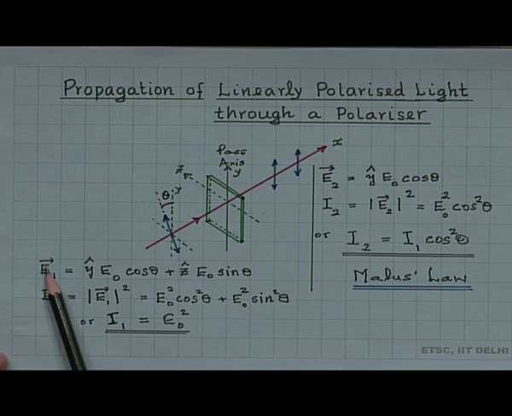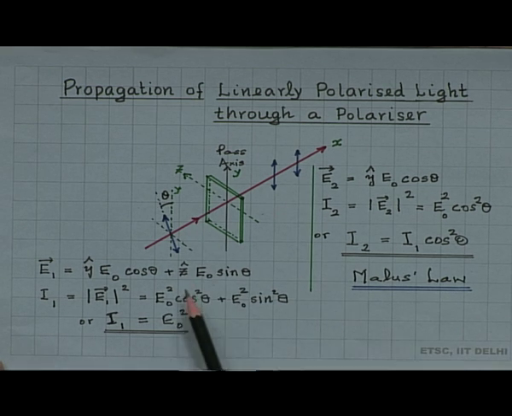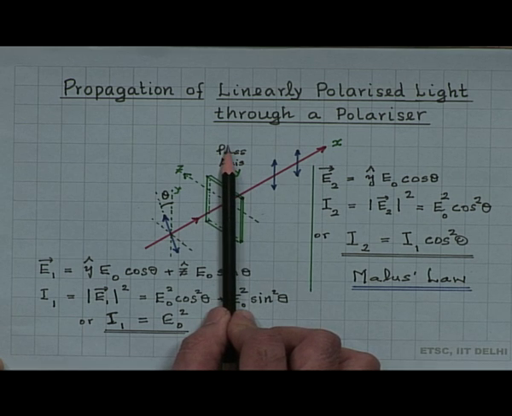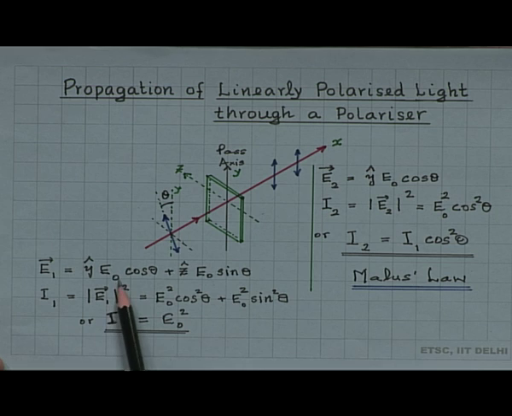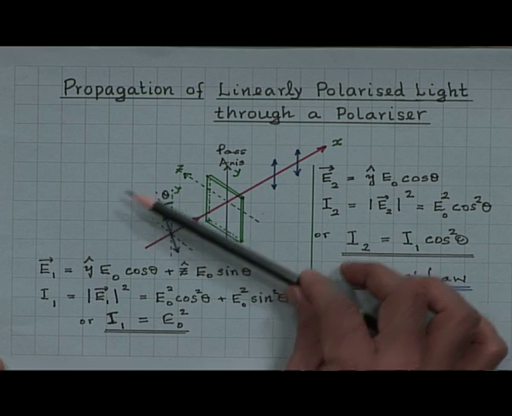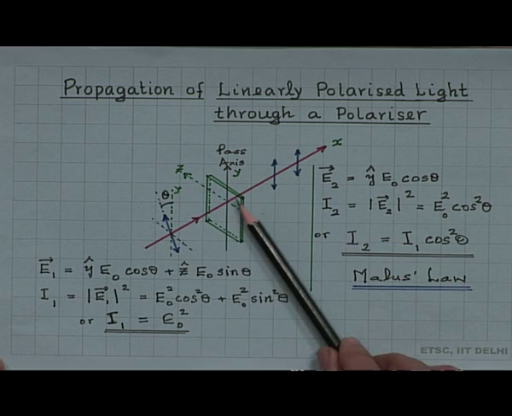Therefore, the electric field can be written as a y component plus z component. We have dropped the phase term, which is common everywhere. The path axis is along y, which means the y component will be allowed to pass through, but the z component will be completely blocked by this polarizer.